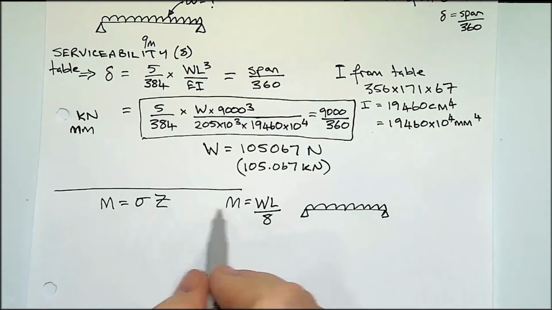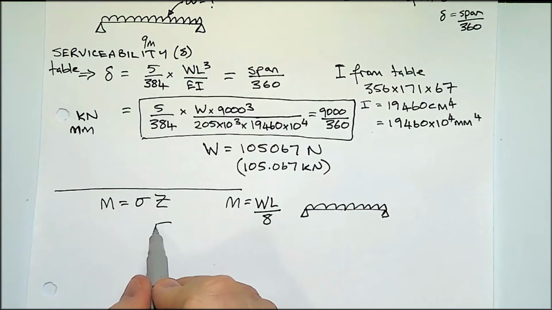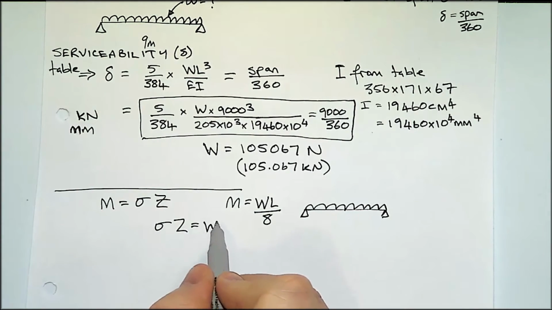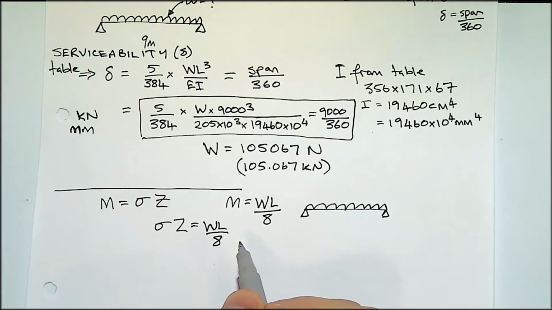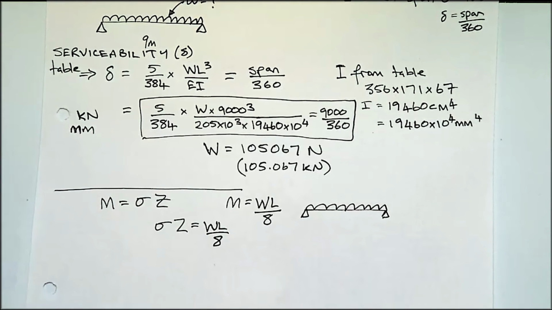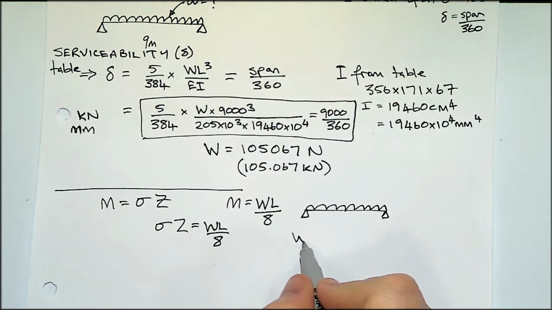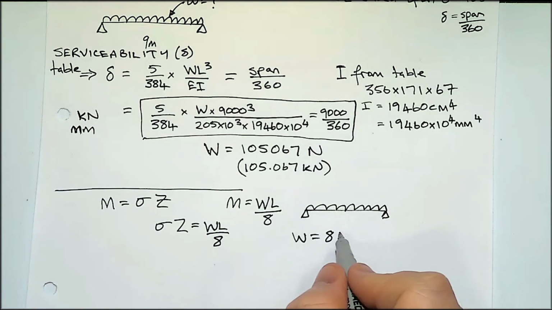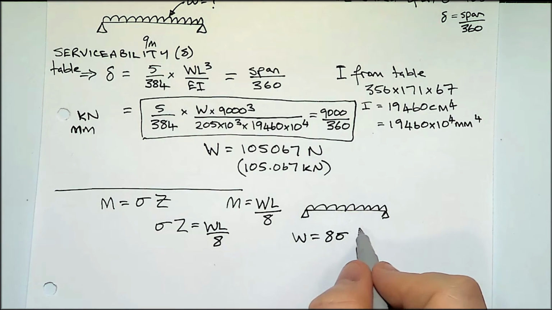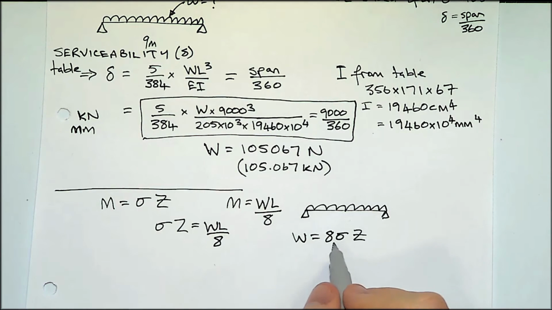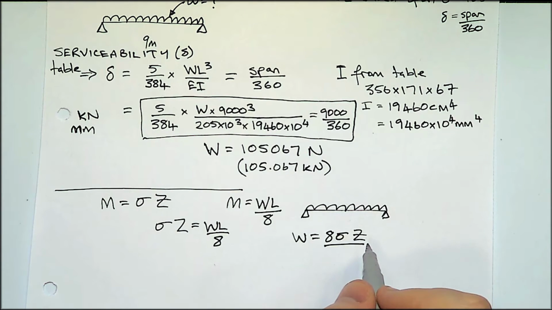So if we make both of these equal each other, and we can rearrange that, so we've got W equals 8 times by stress times by Z over L.